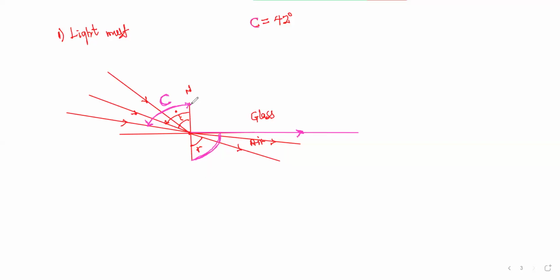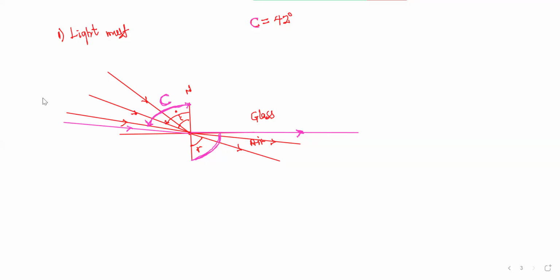Now, after attaining the critical angle, any further increase, if I increase the angle of incidence a little at any margin, so I'm increasing the angle of incidence. This time around, it means that the angle of incidence is greater than the critical angle of the material. Then this is what will happen.